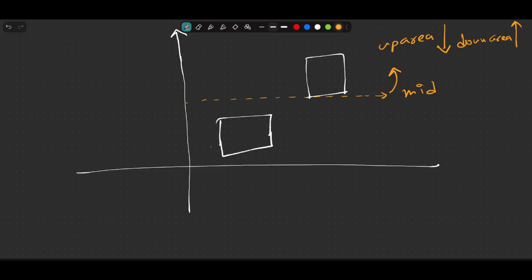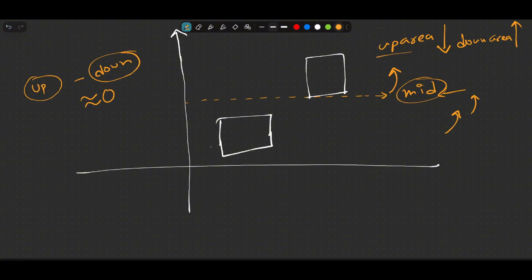So suppose the up area is this one and the down area is this one. So we can adjust this mid at a point such that the difference between up and down is almost equal to zero, right?